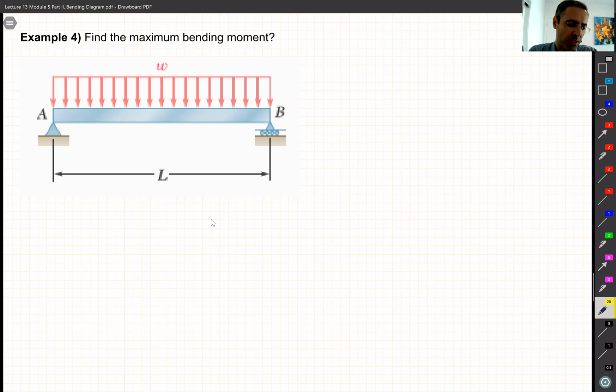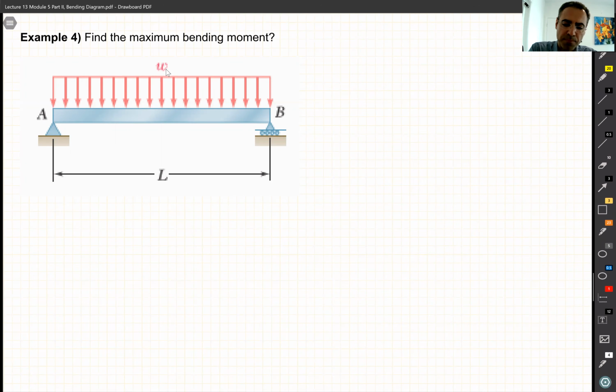I'll let you read it. So we want to find the maximum bending moment for this beam. A simple beam with a distributed load, but we want to find basically a general equation. The intensity of the load is W. Sometimes we show it by W, sometimes by Q, doesn't matter, right?